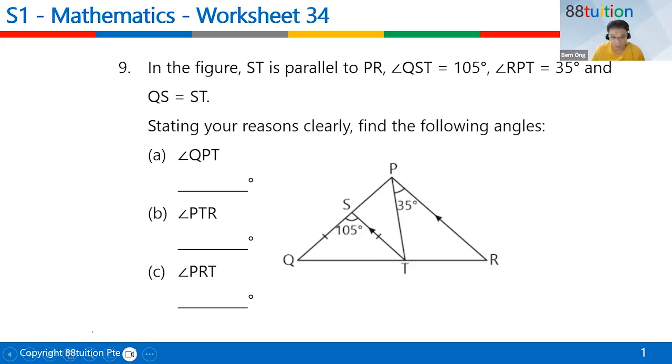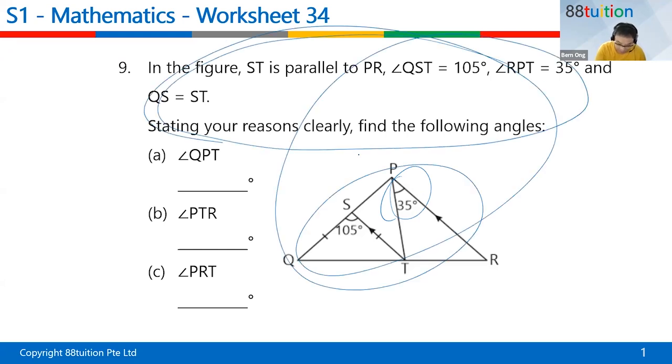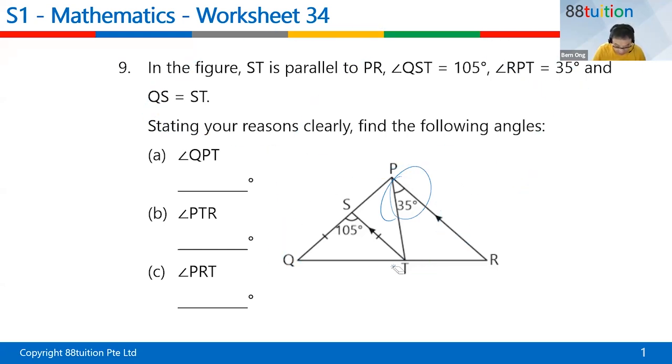Sorry. All right, in the figure, we have ST is parallel to PR. Look here. This is ST parallel to PR. And QST is 105. RPT is 35. Children, always read the paragraph, look at the diagram. They also say that QS equals ST. Yes, they give me this stroke.